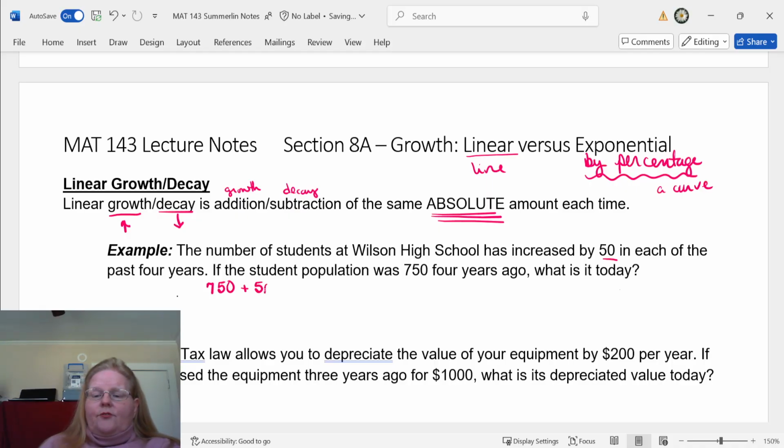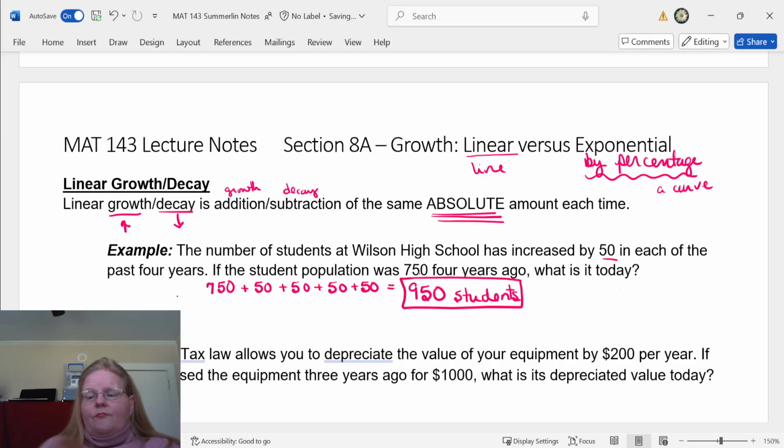So we would add 50 4 times. And we would end up with 800, 850, 900, 950. 950 students. And that's all fine, good, and wonderful.